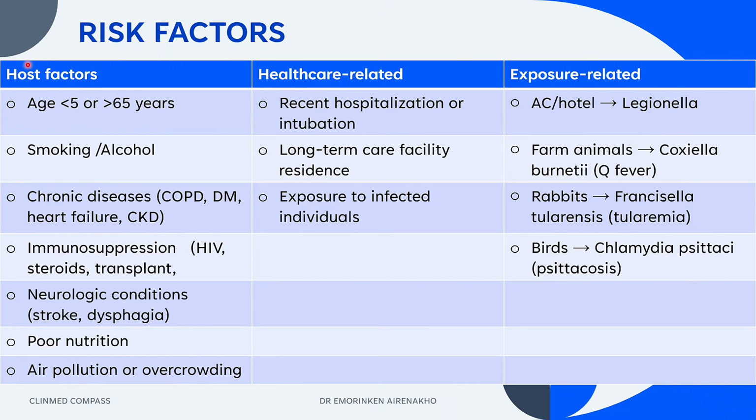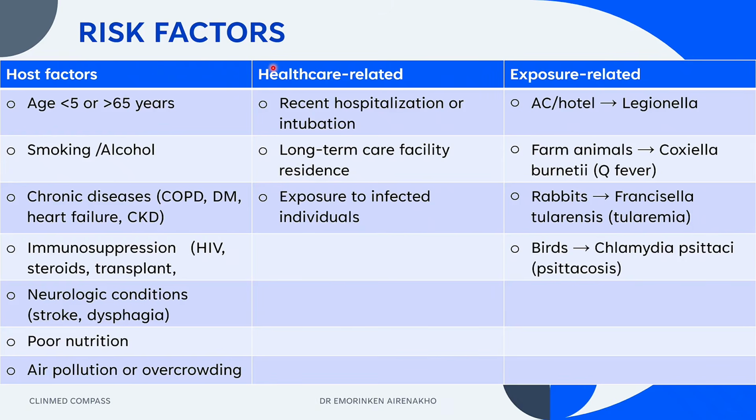For the host factors, we have extremes of ages, less than 5, greater than 65, smoking, alcohol, chronic diseases like COPD, diabetes mellitus, chronic kidney disease, immunosuppressive states, HIV, long-term use of steroids, neurological conditions, stroke, dysphagia, Parkinson's, poor nutrition, and overcrowding and air pollution.